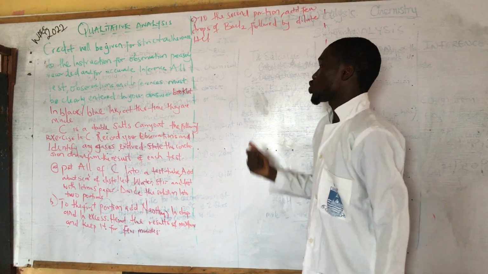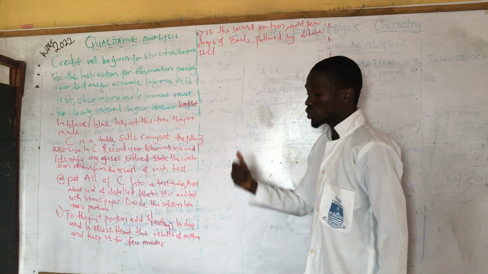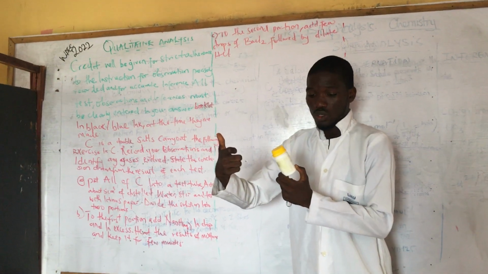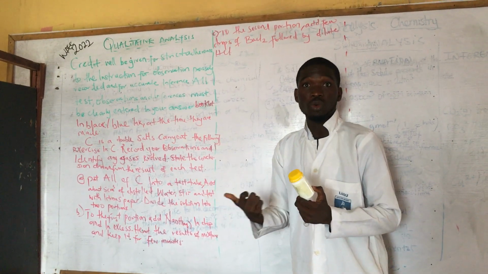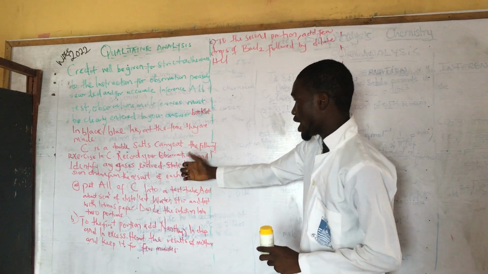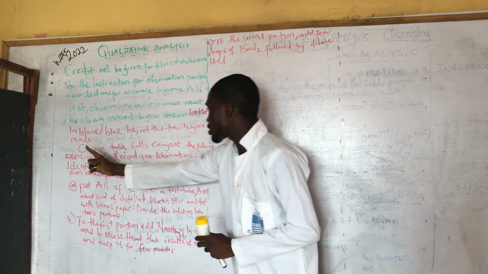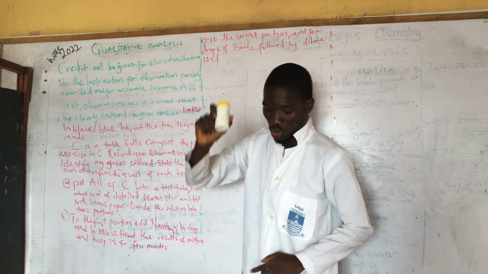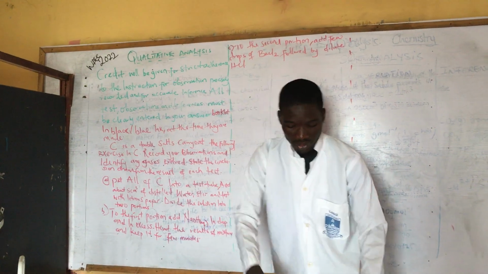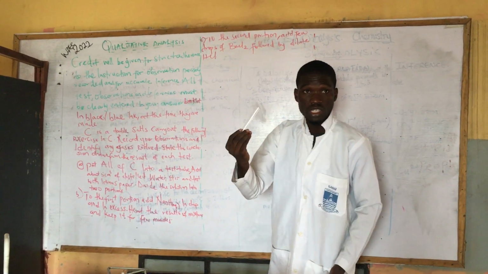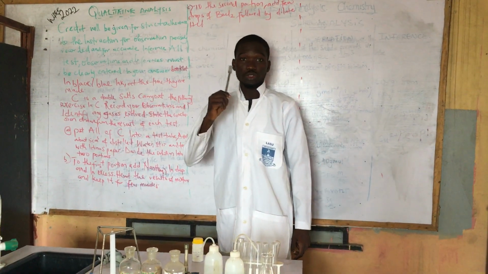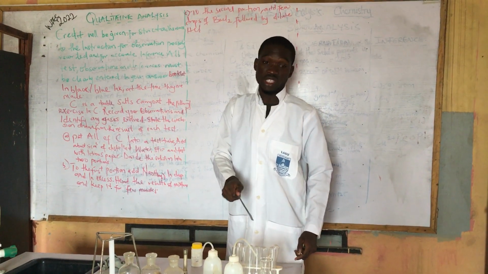Are you with me now? The first thing we are asked to examine is salt C, which is a double salt. We will call it ammonium ferrous sulfate, or ferrous ammonium sulfate. C is a double salt. We also have the test tube here, and the spatula, which will help us put the salt into the test tube.